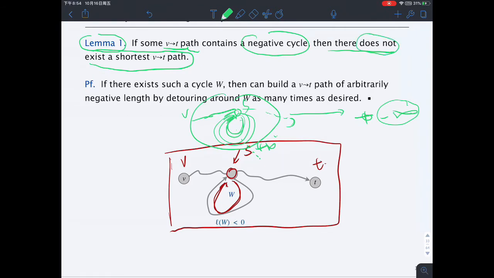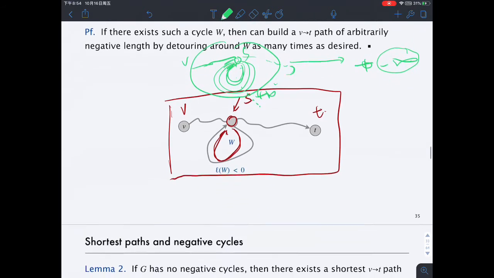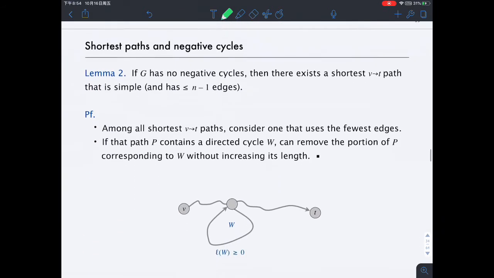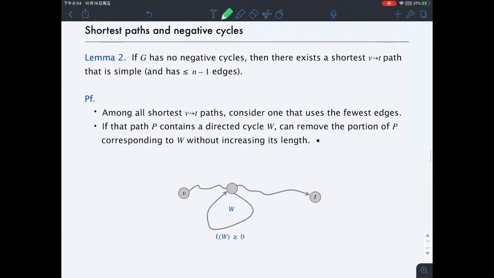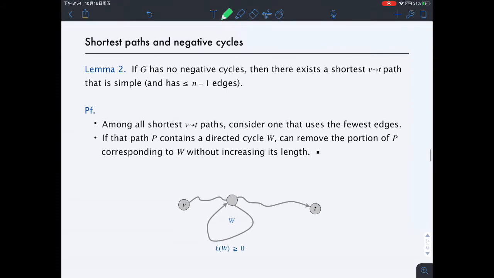That just means that this process won't stop, and mathematically speaking, that's more or less equivalent to saying that we are never able to find the shortest path. Whenever we find a path that's small enough, we use this negative cycle again and get a number that's even smaller. This process just will not terminate. This is the first dilemma.